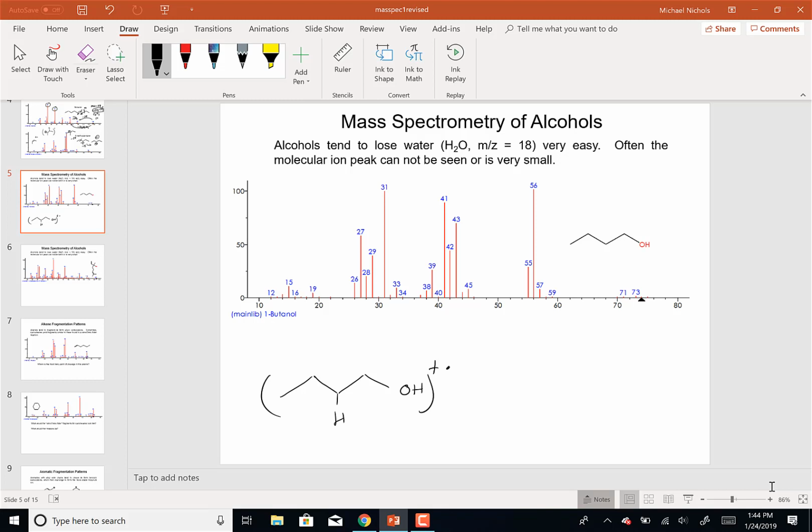how am I going to eliminate water? Just like we do in class. I'm going to take a pair of electrons here, that's going to leave, so I'm going to lose a neutral molecule. So I lost 18.